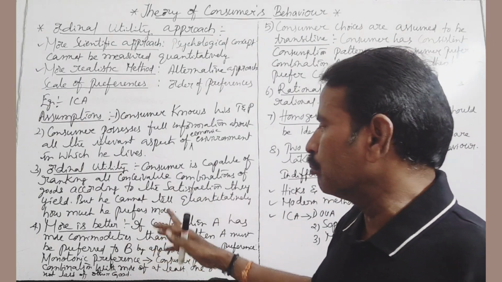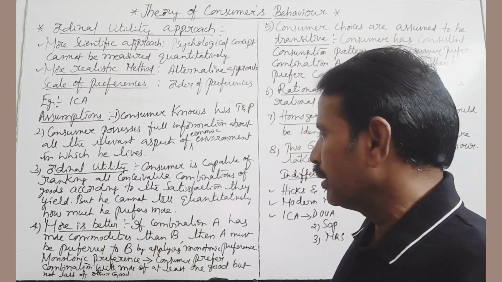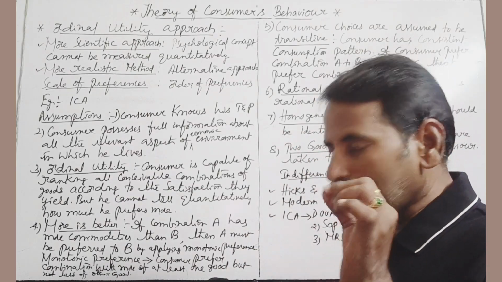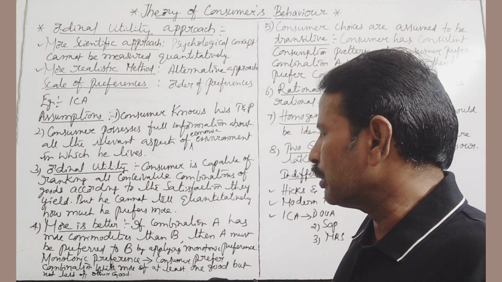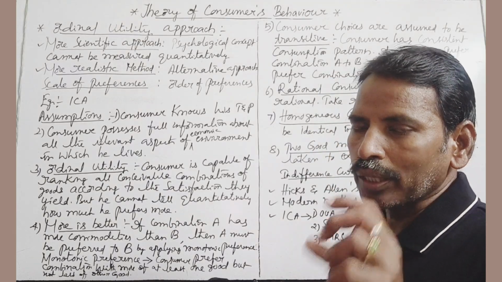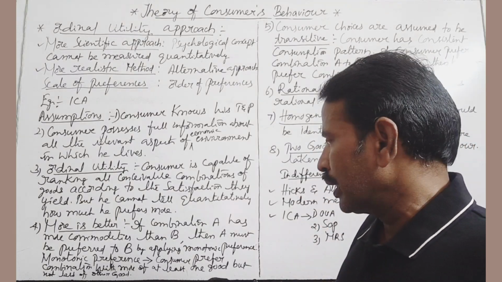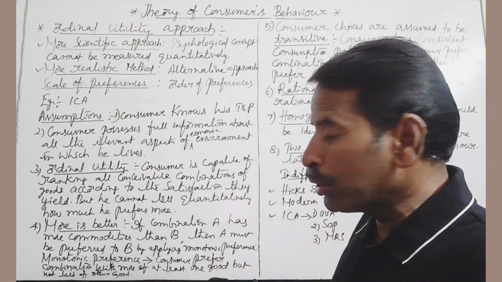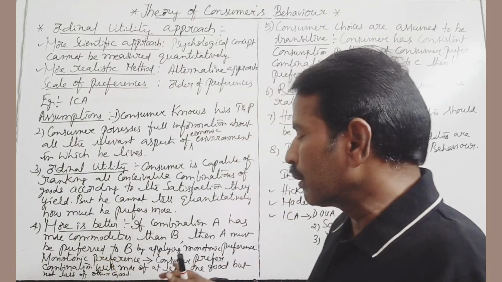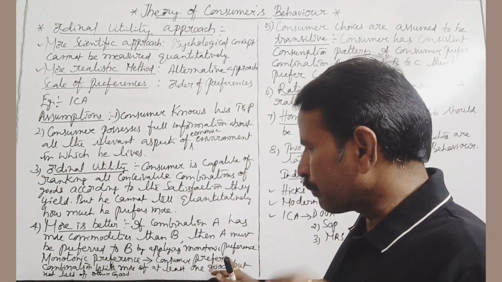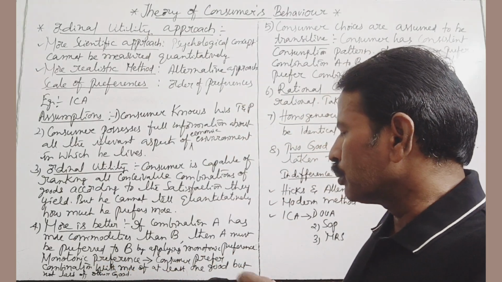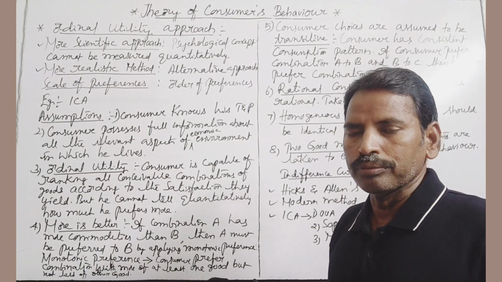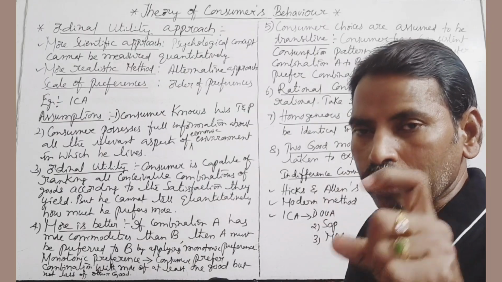What is monotonic preference? Monotonic preference means the consumer prefers the combination with more of at least one good but not less of the other good.